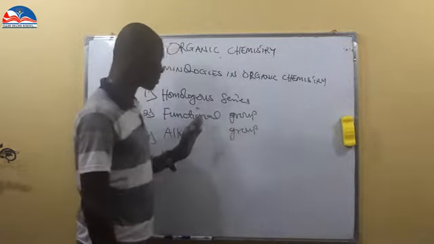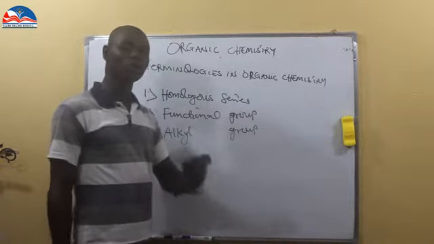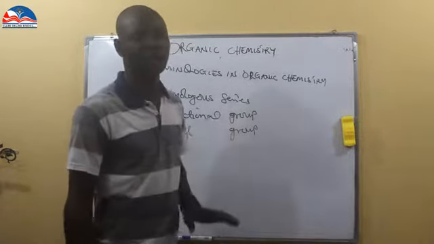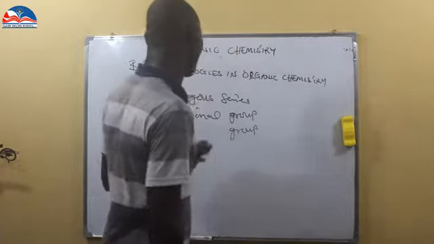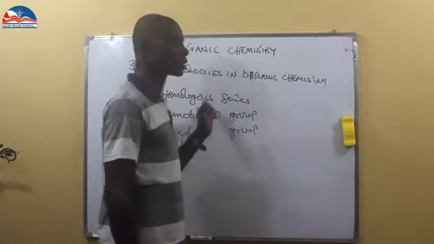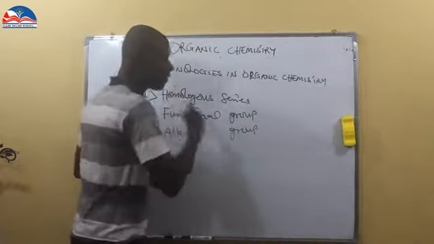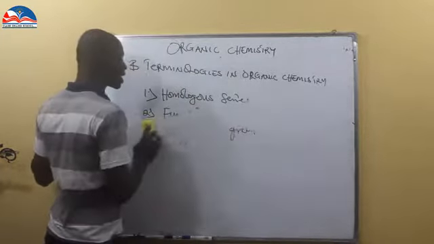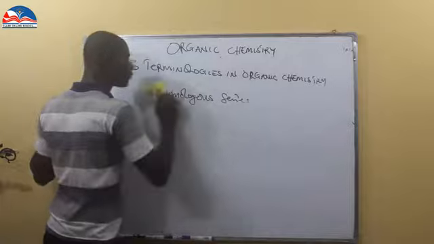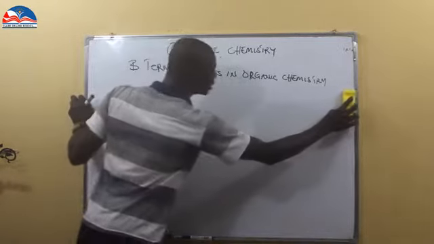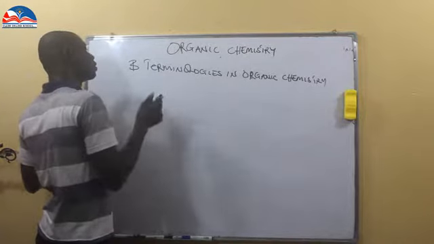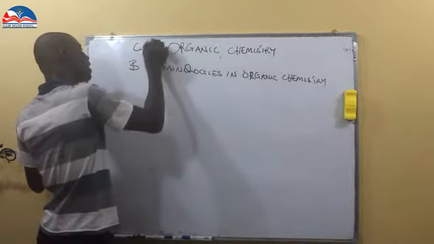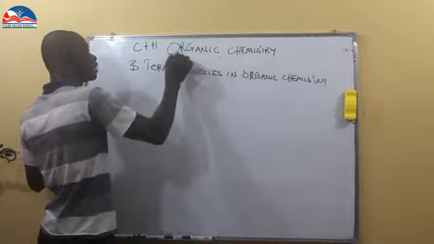I am going to clean them now and begin to pick them one after the other for explanation. And you will see why we say that they are the three terminologies in organic chemistry. First of all, I want you to understand that from organic chemistry, the combination of carbon and hydrogen gives me hydrocarbon.